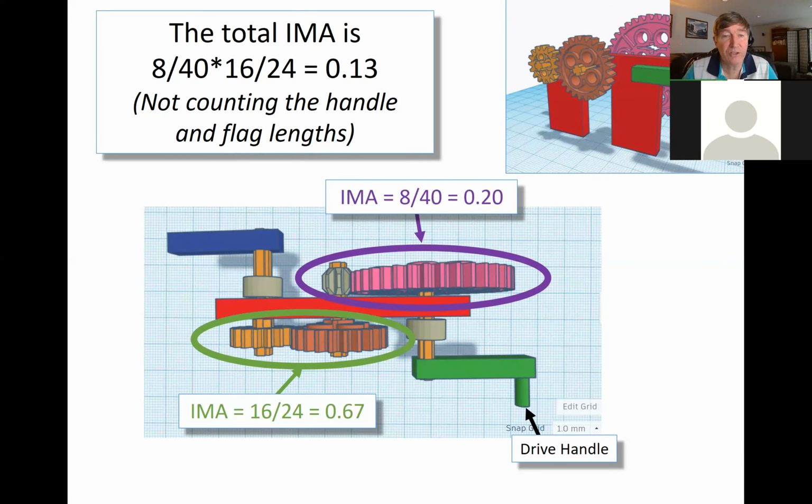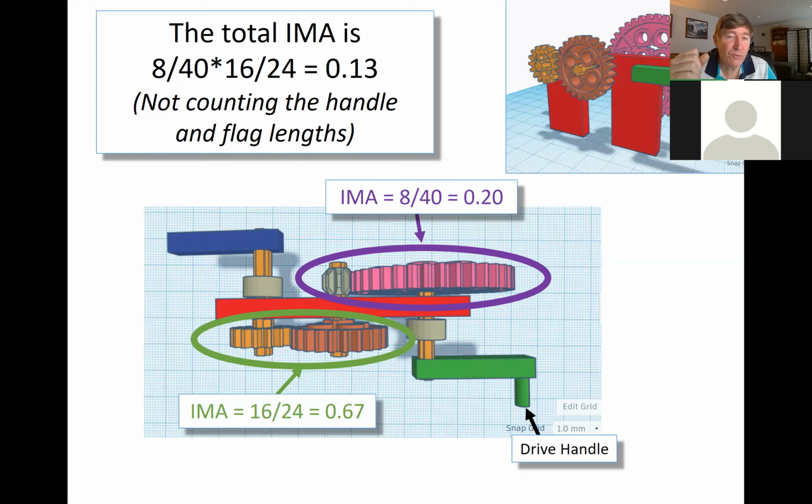But what do I get in exchange? Well, this flag over here is going to be spinning like crazy, because every 1 time my input shaft spins, my output shaft is going to spin 7.5 times. So if I want the output shaft to spin really fast, this is what I want to do.